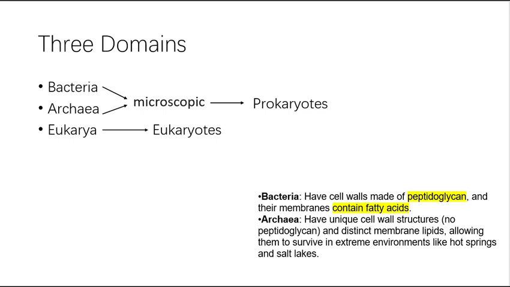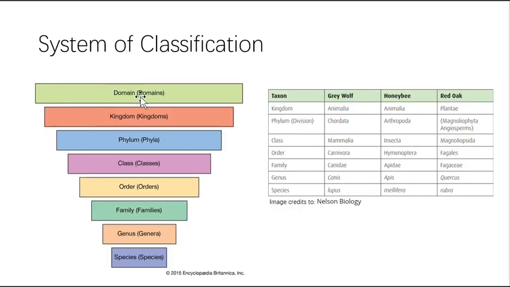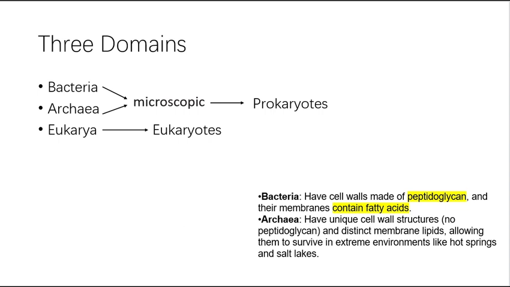Today, in classifying life forms, many biologists call the broadest taxon a domain. And you can actually see that from the inverted triangle. According to this classification system, there are three different domains, which are bacteria, archaea, and eukarya.